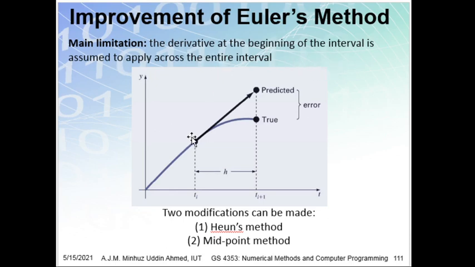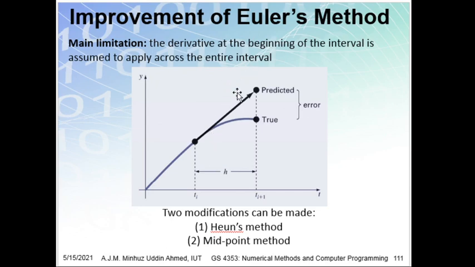So we are using this one throughout the total interval. I am taking this slope, although the slope is changing. So I need to change my prediction. I cannot go like this. This slope cannot be used, or the slope of this point cannot be used throughout this step h.